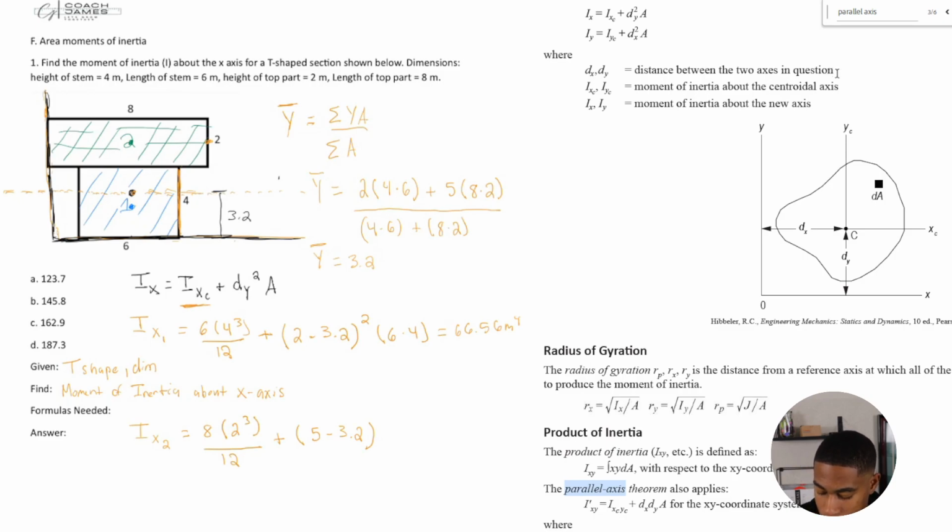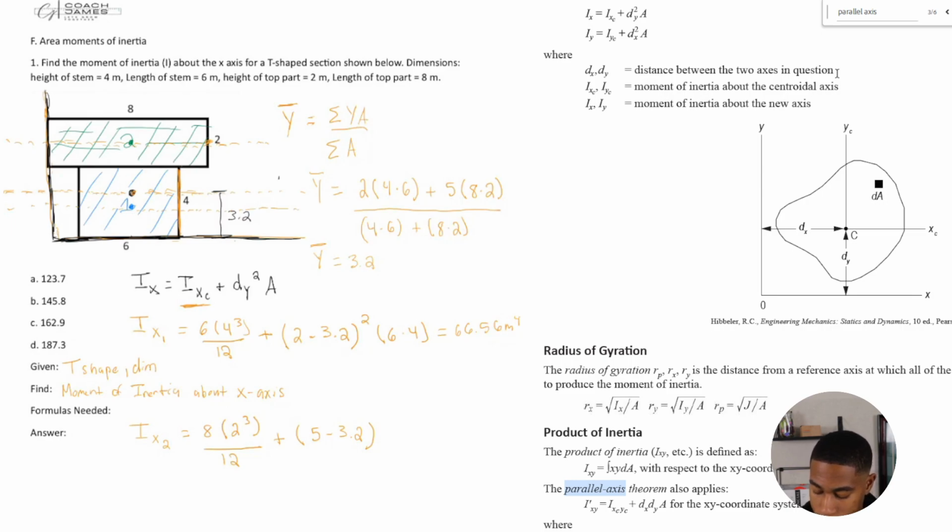So each of your individual pieces have their own centroids, right? Maybe orange isn't a good color because that's the centroid of the piece versus the centroid of the composite shape or the total shape.